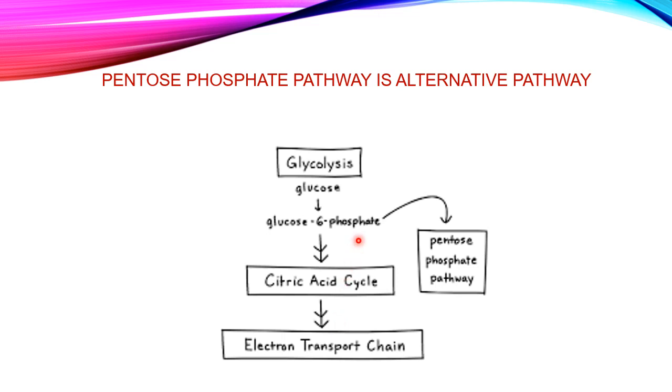But depending on the need of the cell, there is an alternative pathway, that is pentose phosphate pathway, because of the various biochemical synthesis we need, like purine, pyrimidine, or fatty acid synthesis, or various other cell needs. This alternative pathway is adopted, where this same glucose 6-phosphate is used as substrate. I hope you understood.